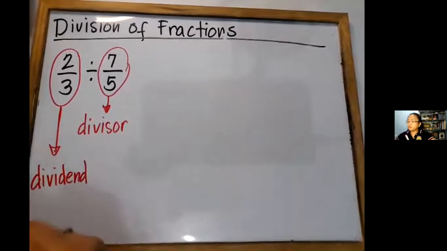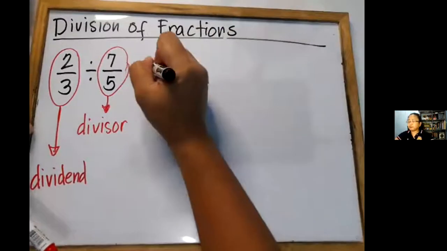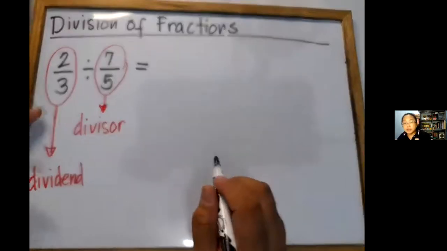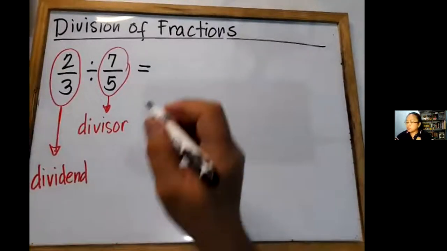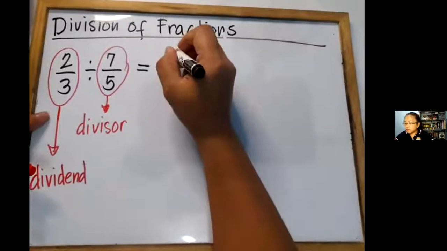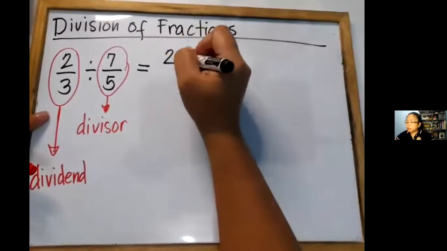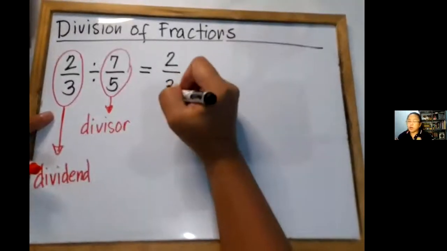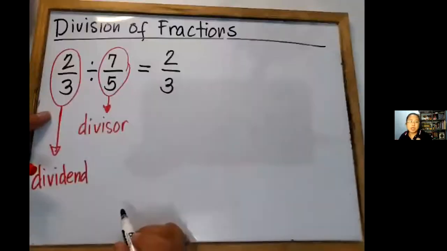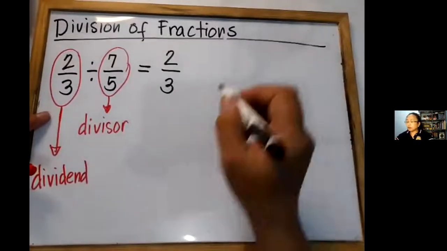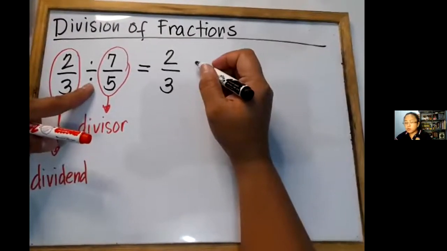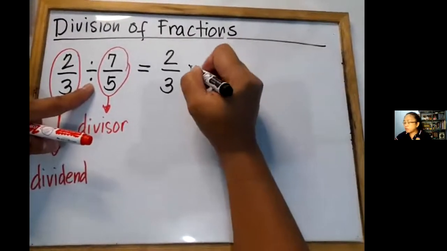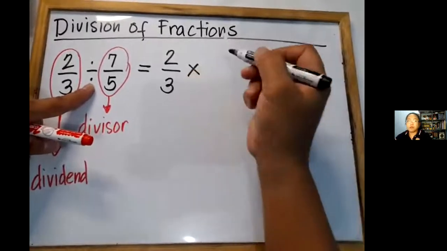Bakit ganon? Kasi, yun ang una nating aayusin for us to divide. So, let's do this. Una, we copy the dividend. Since it's a dividend, we don't make any changes to that. 2/3 yan. And then the division symbol will now become multiplication.